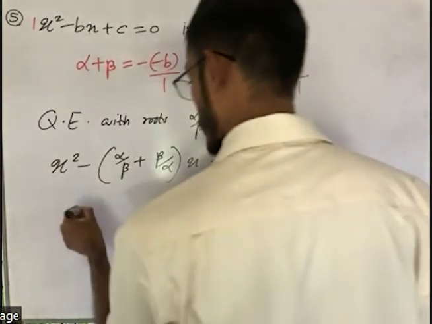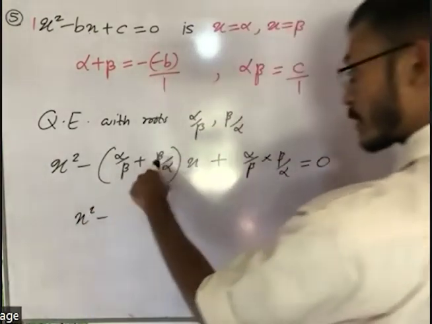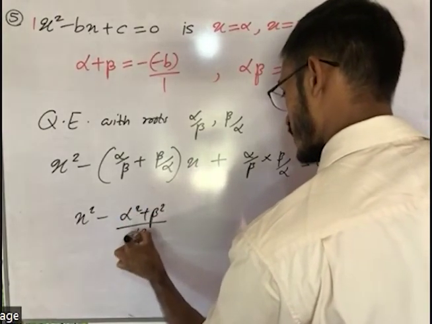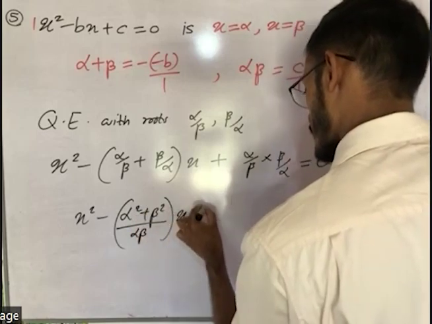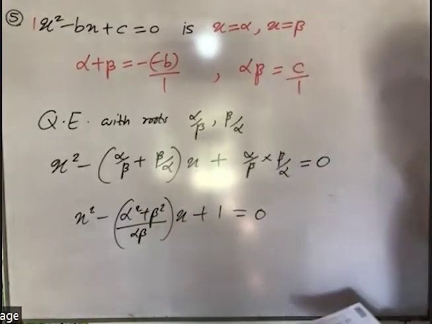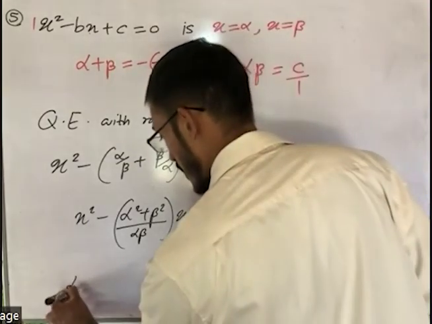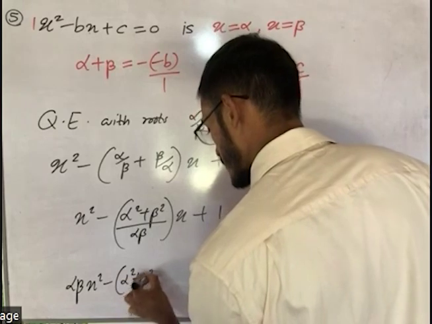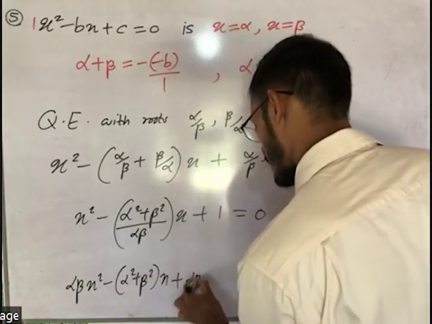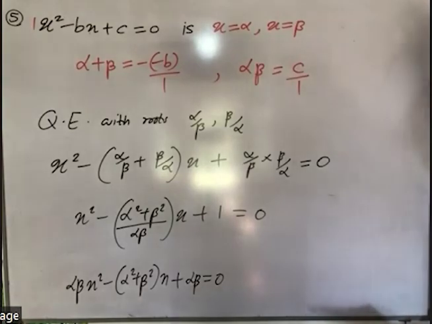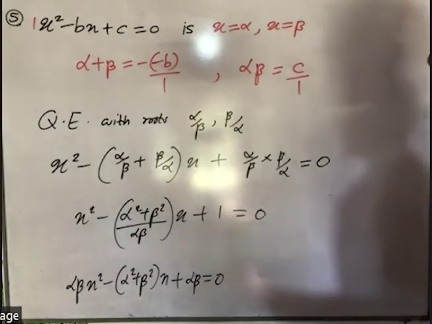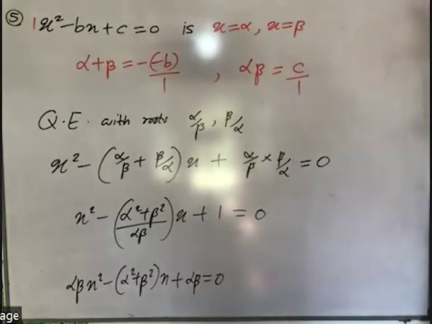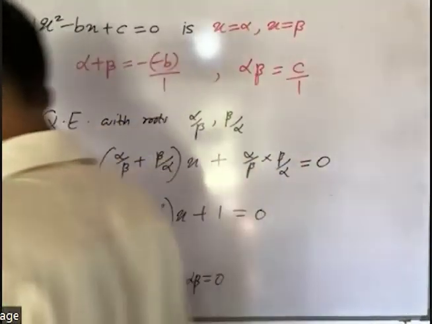So x square minus, taking the common denominator, alpha square plus beta square over alpha beta, x plus 1 equal to 0. Now multiply both sides by alpha beta: alpha beta x square minus alpha square plus beta square x plus alpha beta equal to 0. So this is the equation with roots alpha over beta and beta over alpha, but we have to express this in terms of b and c. Right.